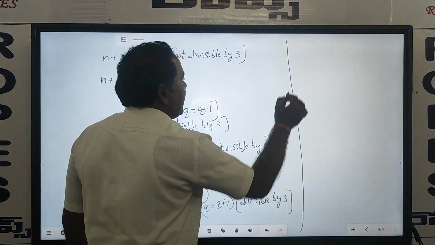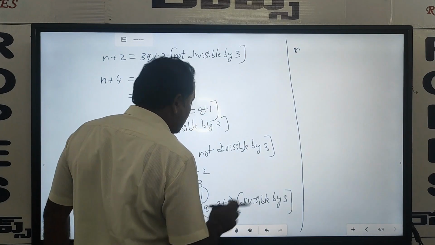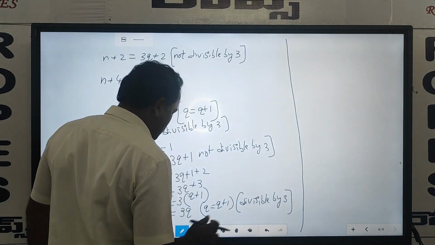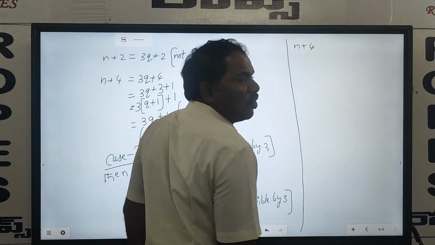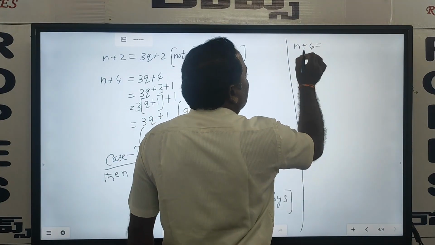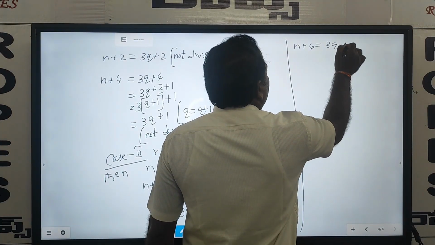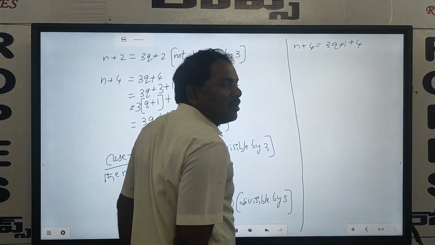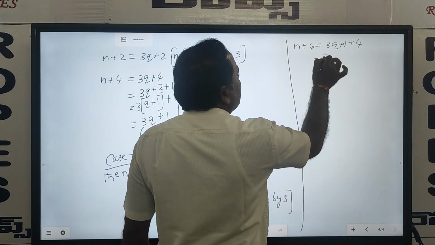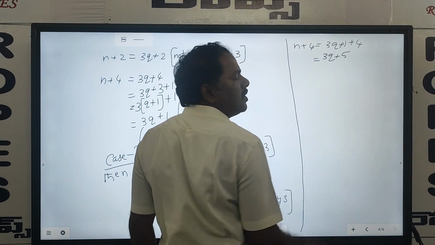Now we will see when r is equal to 1, n plus 4 value. In this case n value we got 3q plus 1. Now in the place of n, 3q plus 1 plus 4. Now we can write this as 3q plus 5.